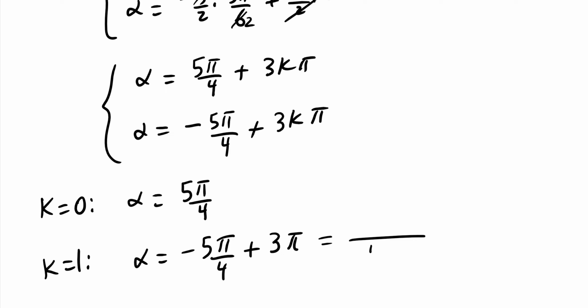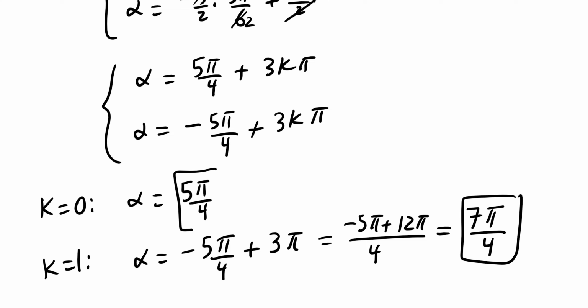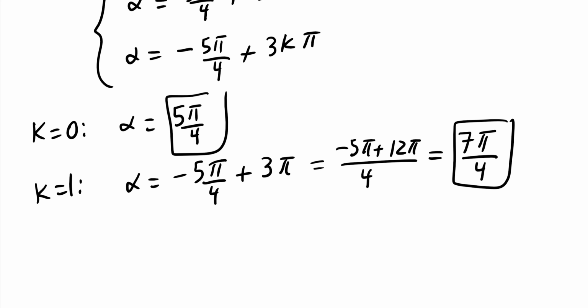If we combine them over 4, negative 5 pi plus 12 pi, that's 7 pi over 4. Still less than 2 pi. So that's one of them, and that's the other one. And I believe if you take k equals negative 1 or 2 and above, that would not work out. So there are only two solutions for this equation.